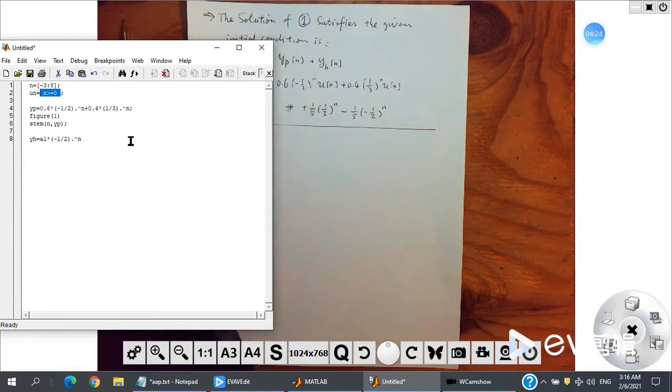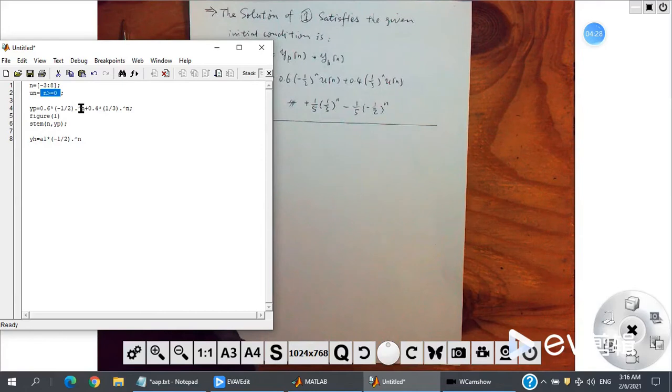And when n is larger than or equal to 0, the answer is 1. So this is the unit step. And here for y of n, I need to multiply by the unit step. Actually, both terms need u of n, so I can put the u of n together, times u of n.